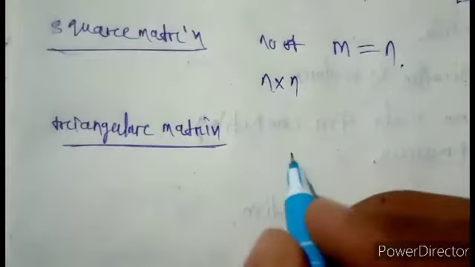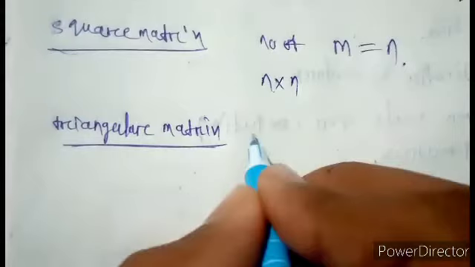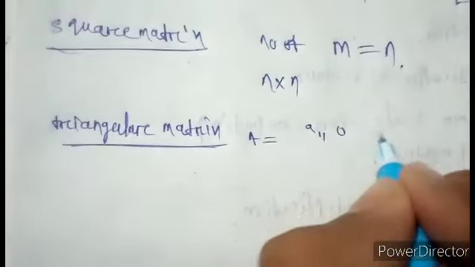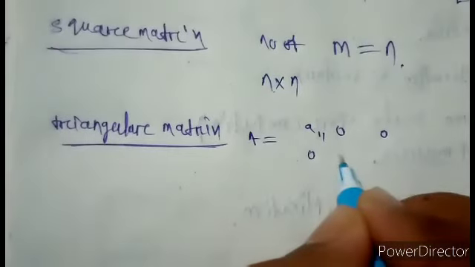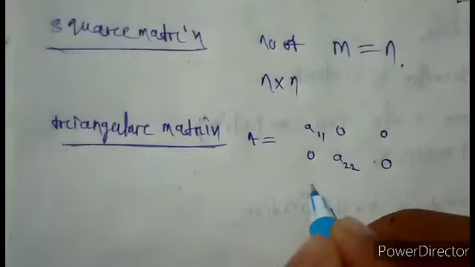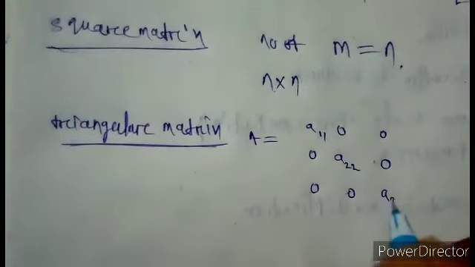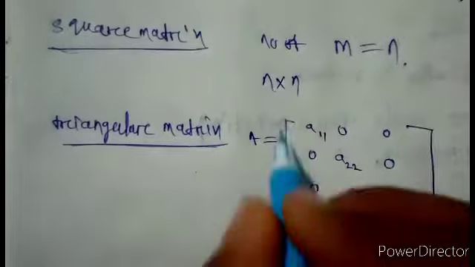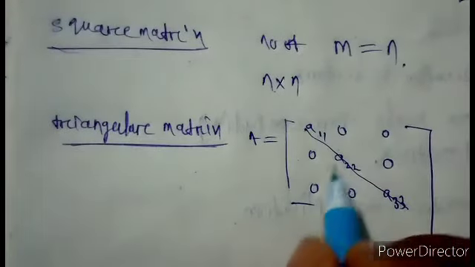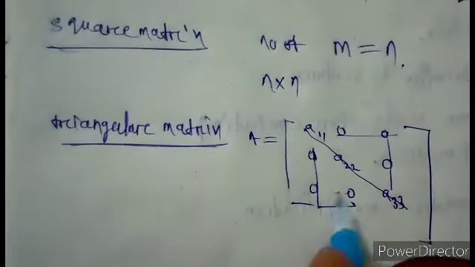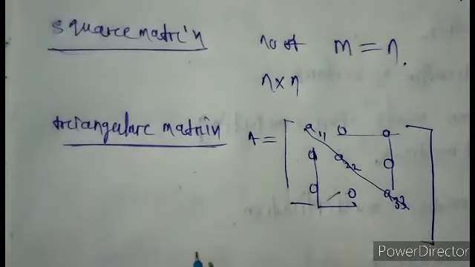For example, A is equal to A11 0 0, 0 A22 0, 0 0 A33. Here, except all the diagonal elements, all the upper diagonal and all the lower diagonal elements are 0. It is called a triangular matrix.